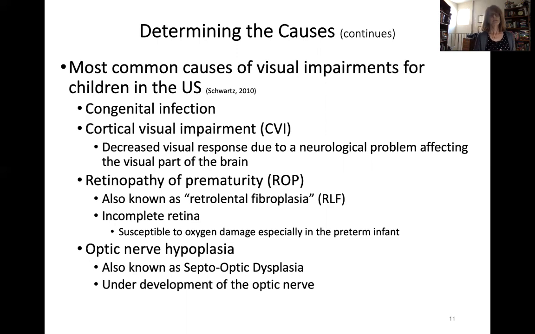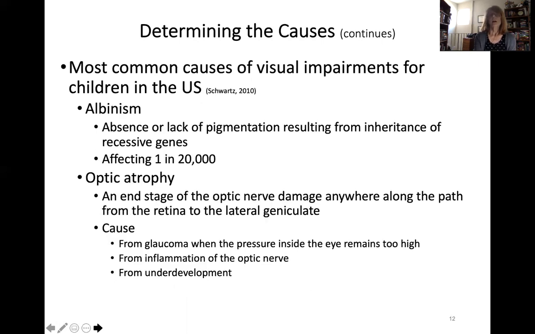Because they're born prior to that typical sequence of development in the womb, there can be issues as a result. There's also optic nerve hypoplasia, which is about the development of the optic nerve. So it's not actually the eye itself, but the optic nerve that goes between the eye and the brain. So lots of different types of reasons and causes.